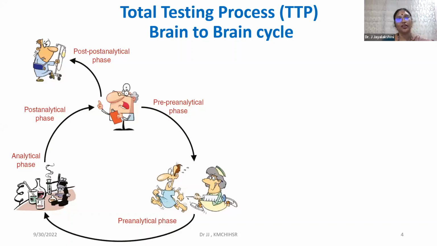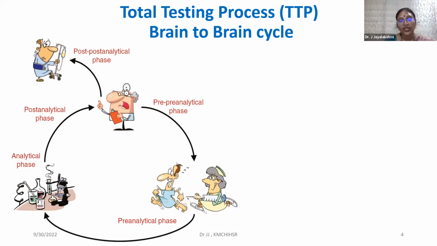So this whole thing happens. And if you look at it, something can go wrong in any of these phases. We want it to happen flawless, we want it to happen smooth, but definitely there would be some areas of error.